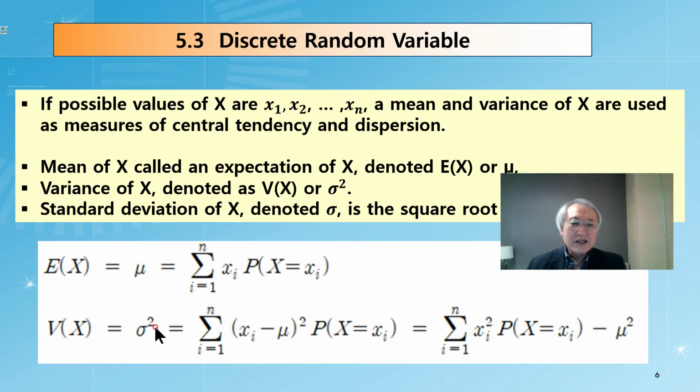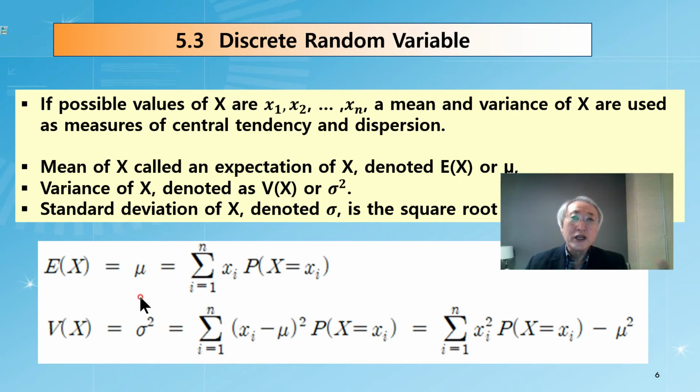The variance is denoted by sigma squared. From each number, subtract the mean and square it. We calculate the squared distance as before, and then multiply by the probability. It is similar except for this probability. It's a short formula. We call these the expectation and variance.